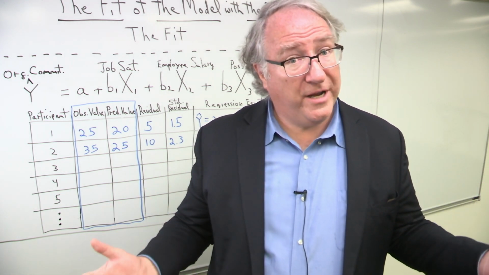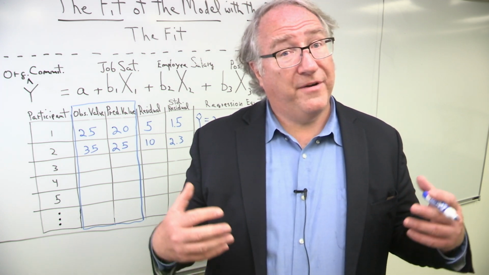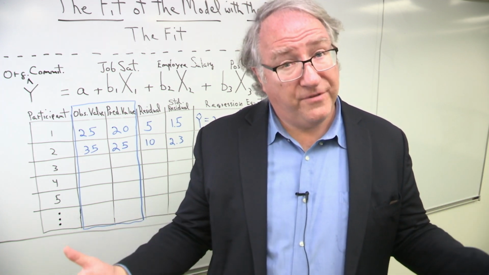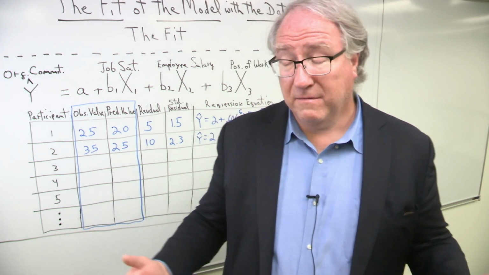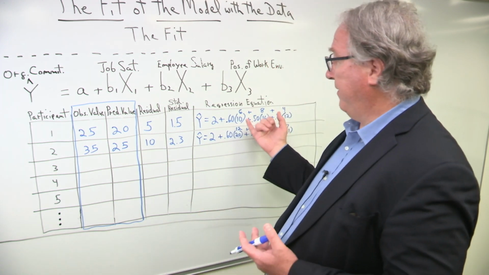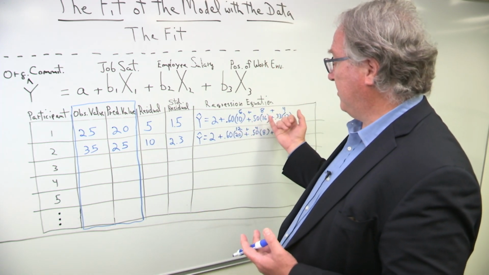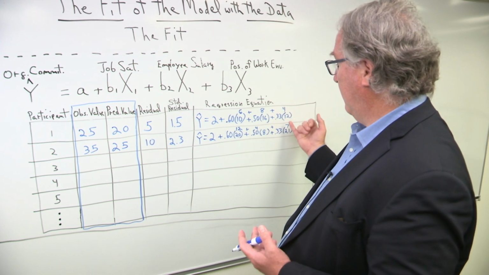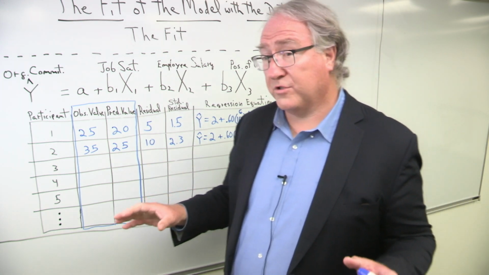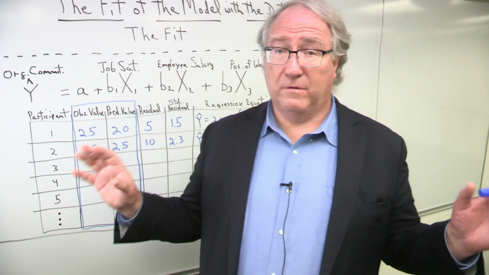And what does that all come down to? When we talk about variance on the predicted values from the model, the variance across your participants on their scores on the predictor variable measures.